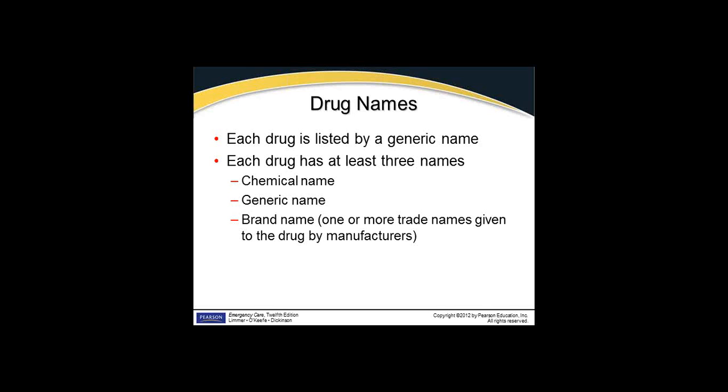But the chemical name for it, as you can see there, is beta-(3,4-dihydroxyphenol)-alpha-methylaminoethanol. That's fairly long, lengthy, and not very user friendly, so that tends to not get used. Now they may steal something out of it when they decide to make the generic and the brand name, but in most cases we do not use the chemical name in EMS.